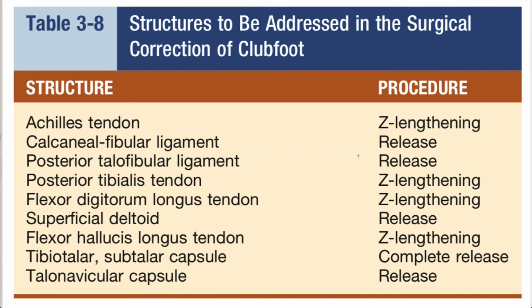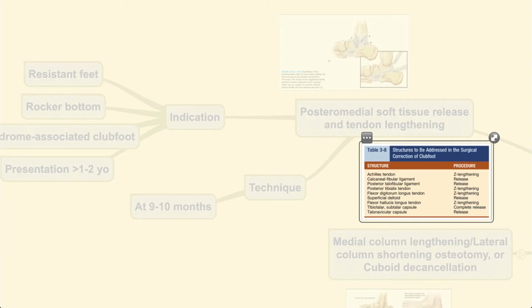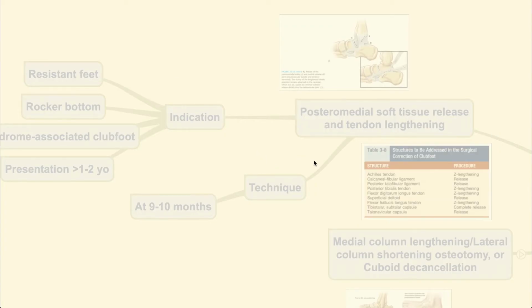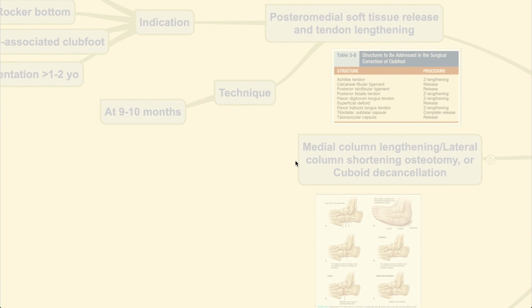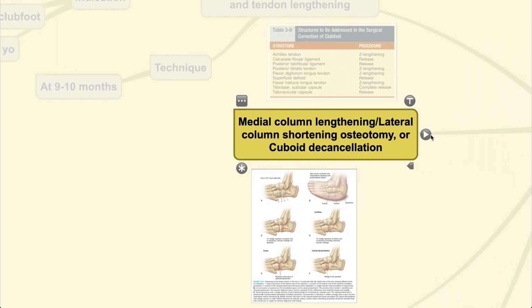So basically all the tight structures, all the tight ligaments need to be released, and all the tight tendons need to be lengthened, and that is done to acquire the desired foot position.